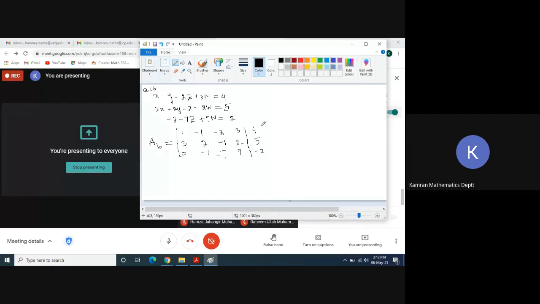Now we need to reduce this augmented matrix to echelon form.